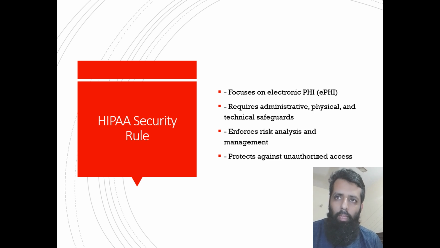Number one, administrative safeguards. Policies and procedures that control who can access patient data. Number two, physical safeguards. Measures like secure workstations, locked filing cabinets, and restricted access areas. Number three, technical safeguards. IT protection such as encryption, firewalls, and access controls to prevent unauthorized access.